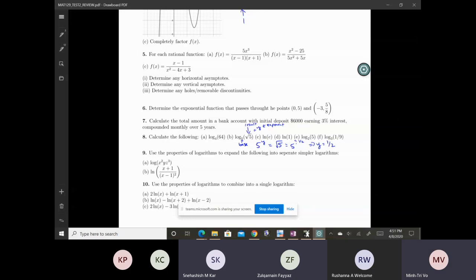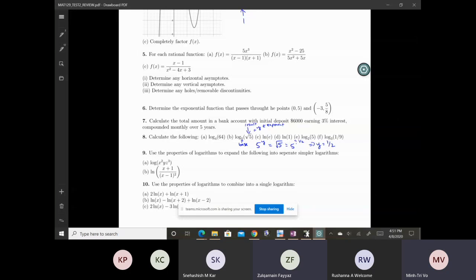No. But my question is, how did you get 1/2 from 5? When you have the square root of something, what does it mean in terms of an exponent? It means that the exponent is 1/2. That's where the 1/2 is coming from.